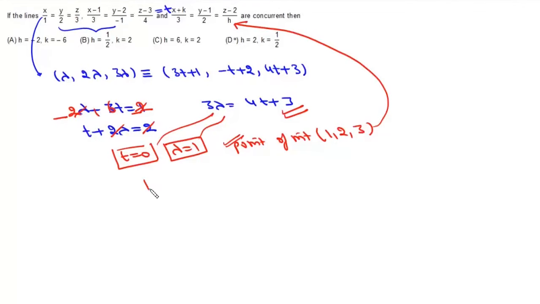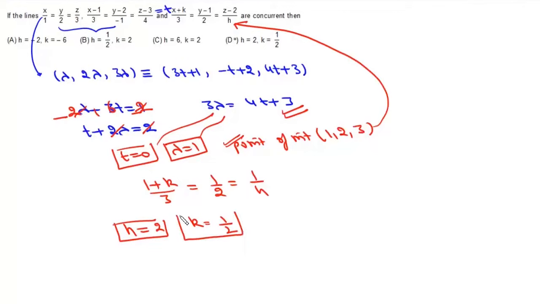So it will be 1 plus k upon 3, equal to 2 minus 1, which is 1 by 2, equal to 3 minus 2, 1 by h. So from here we can write the value of h is 2 and the value of k is 3 by 2 minus 1, which is 1 by 2.